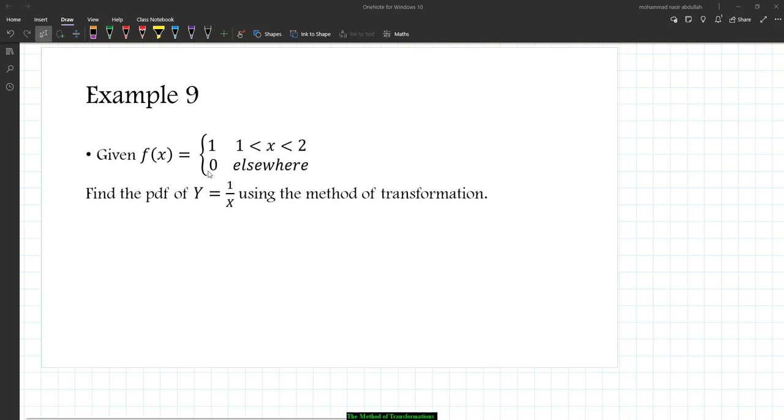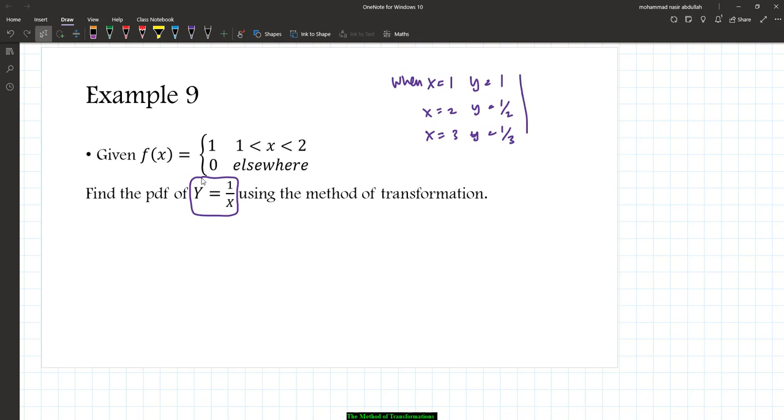So looking at the new random variable y equal to 1 over x. When x equal to 1, y should be equal to 1. When x equal to 2, y should be equal to half. X equal to 3, y should be equal to 1 over 3. So this is a decreasing function.